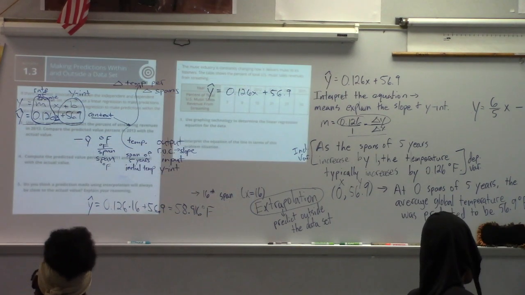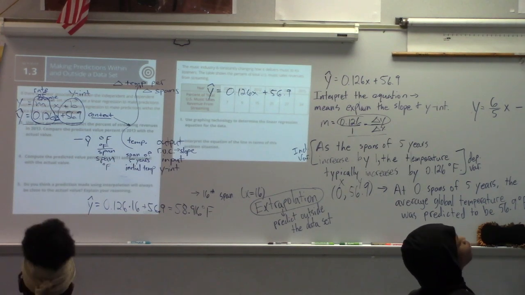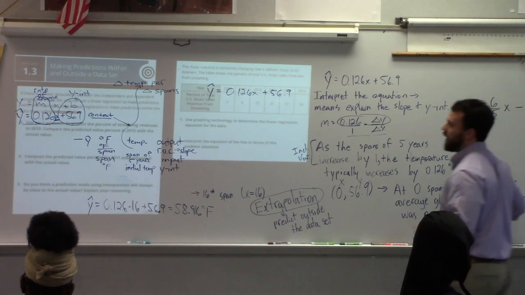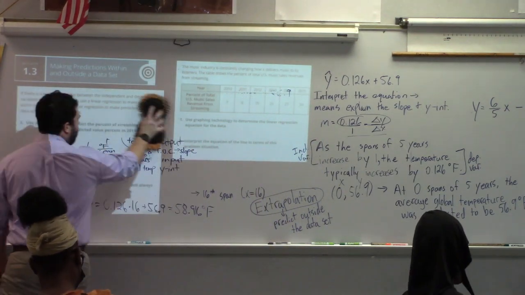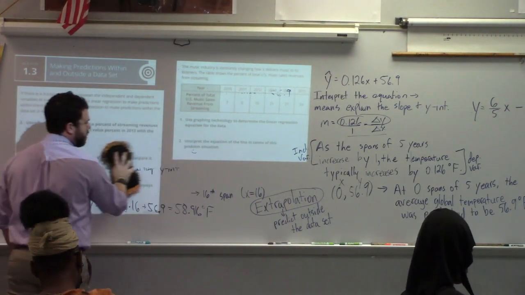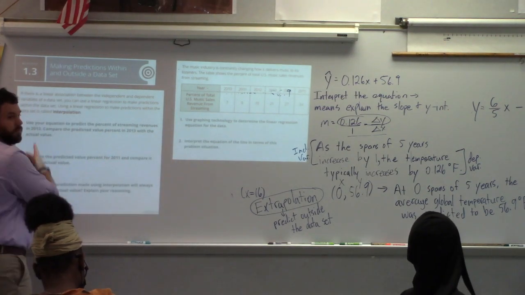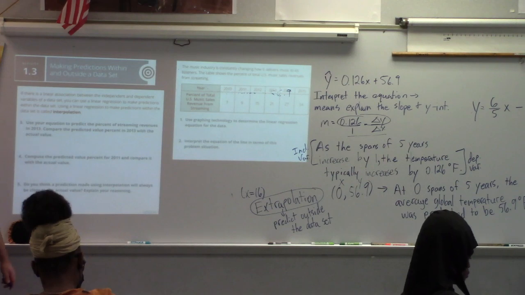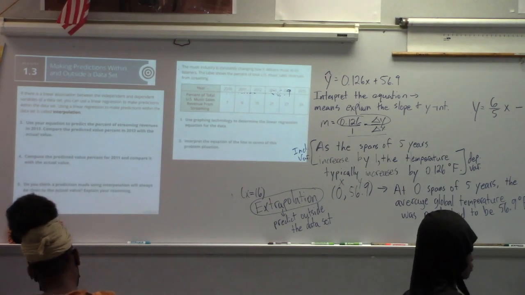So, we're going to move on to activity 1.3 and get as far as we can with this. Notice what we just did is called extrapolation. Here in activity 1.3, they're using what word? Yo, it's bolded. Interpolation. Hey, Addison, I need you off your watch.